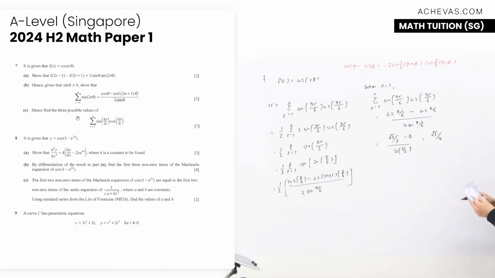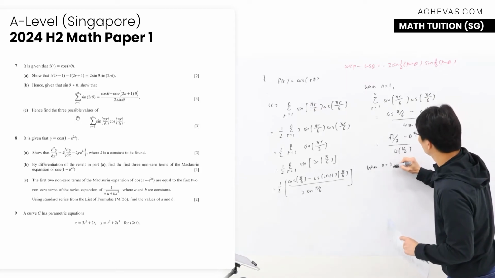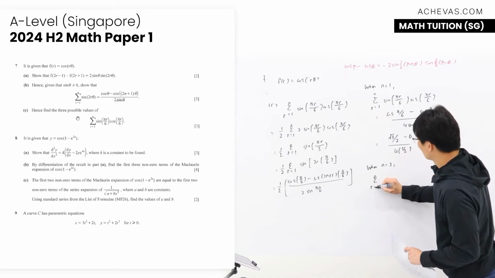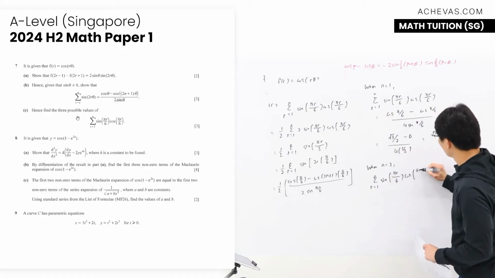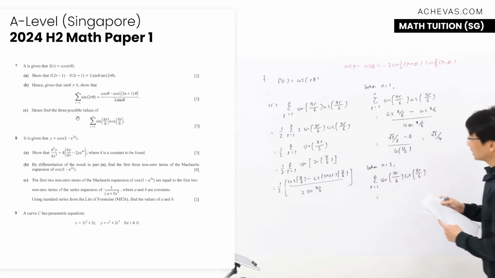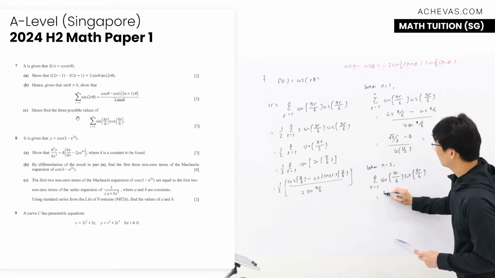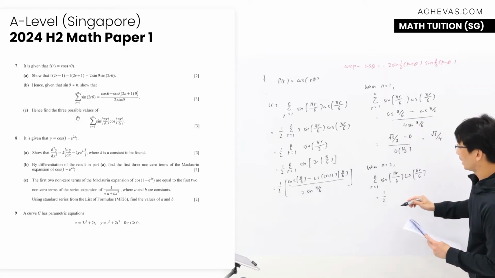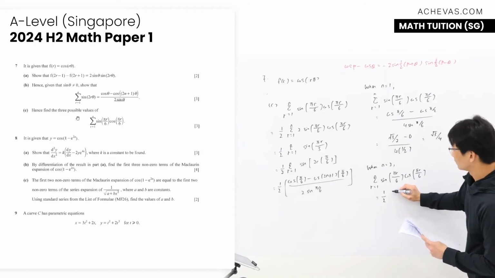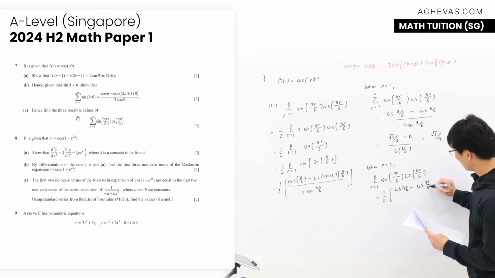Now let's try n equal to 2. I'm going to sub in n equal to 2. This is just rewriting the original expression first. Now I'm going to sub n equal to 2 into this expression. I will get half, cosine pi over 6 minus cosine 5 pi over 6.